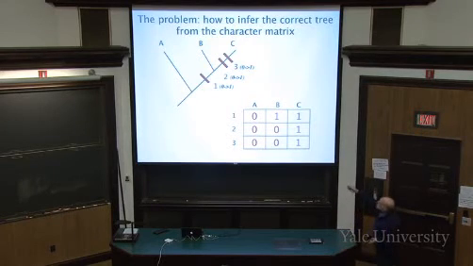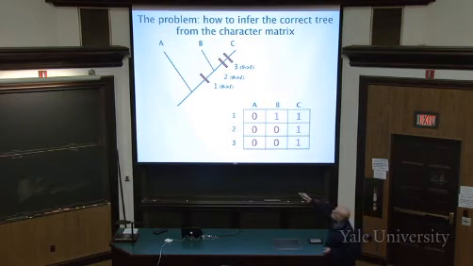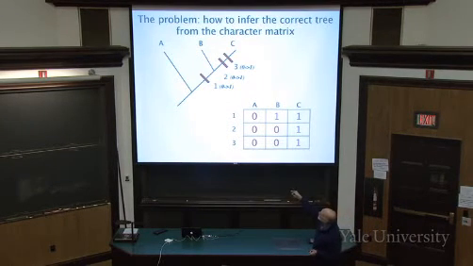And we have 3 species and we have 3 characters. And in this case, ancestral is going to be 0 and 1 is going to be derived. Well, this particular character matrix is consistent with drawing a tree this way and then marking down the transitions here.